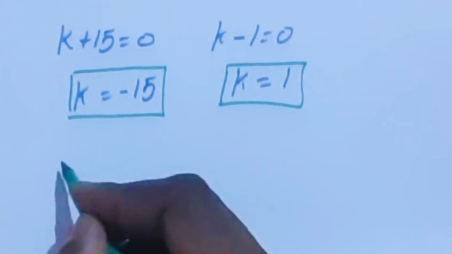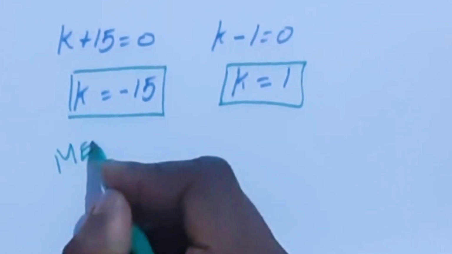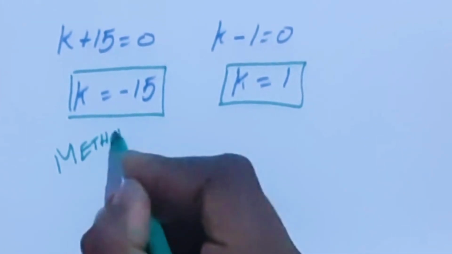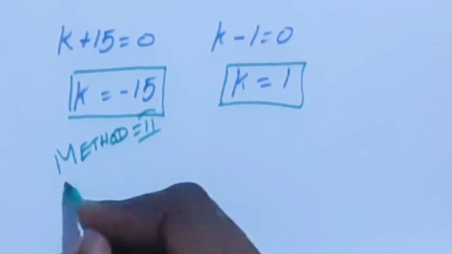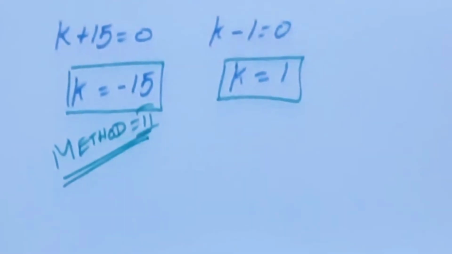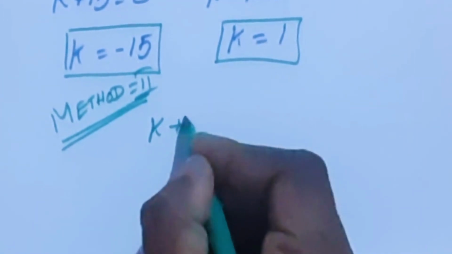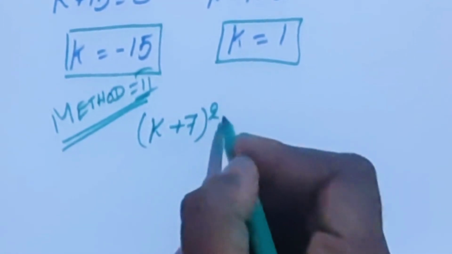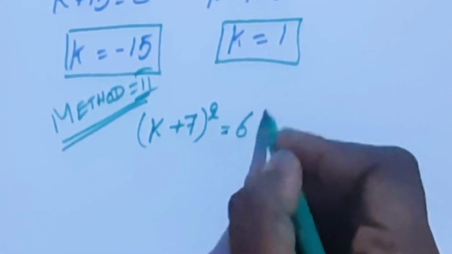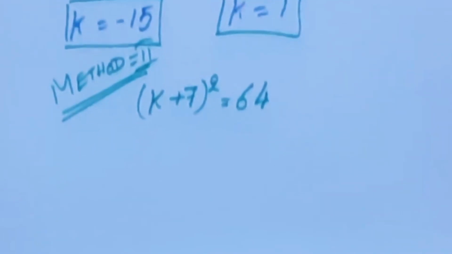Now we are going to try another method, method 2. Here the equation is (k + 7)^2 = 64.